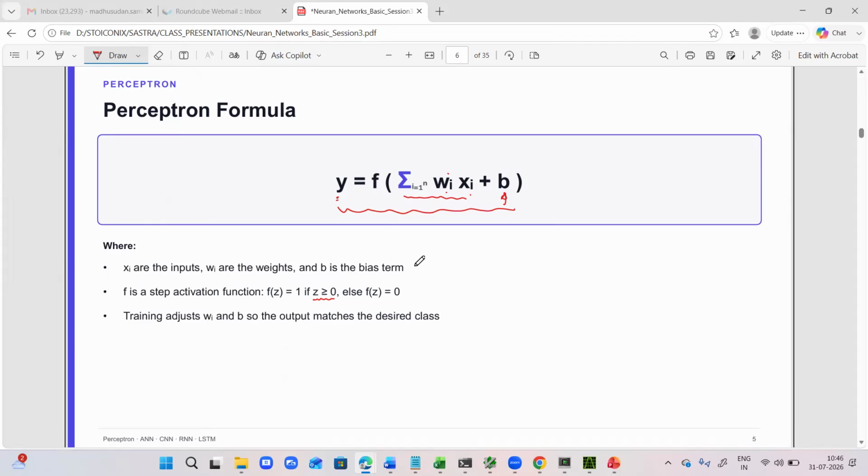Otherwise, it will produce an output of 0. These weights and the bias that we saw are things that the perceptron will learn, and so we can adjust these weights and the biases, depending on the kind of classification that we are dealing with.